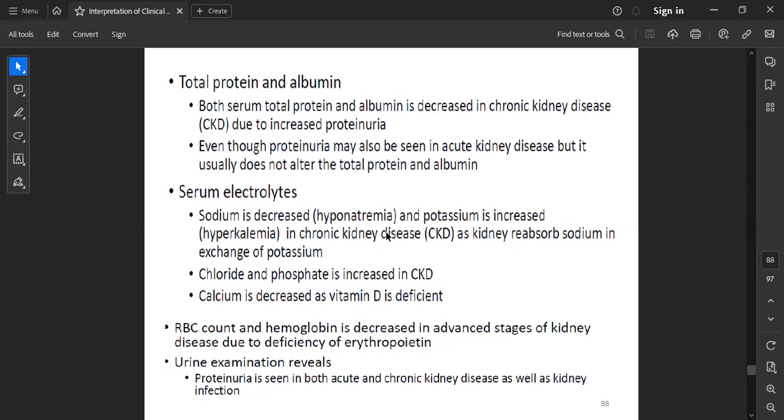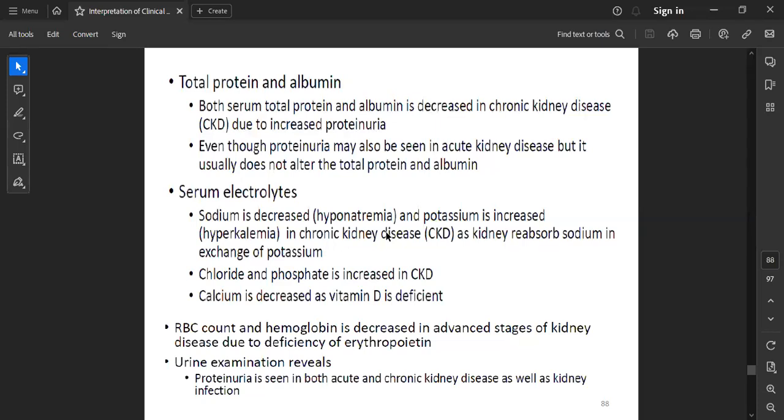Electrolytes. You look at sodium, potassium, chloride, and calcium. You know the terminologies for all of these, like sodium being hyponatremia or hypernatremia. In CKD, there's hyponatremia and hyperkalemia because the kidneys reabsorb sodium in exchange for potassium.